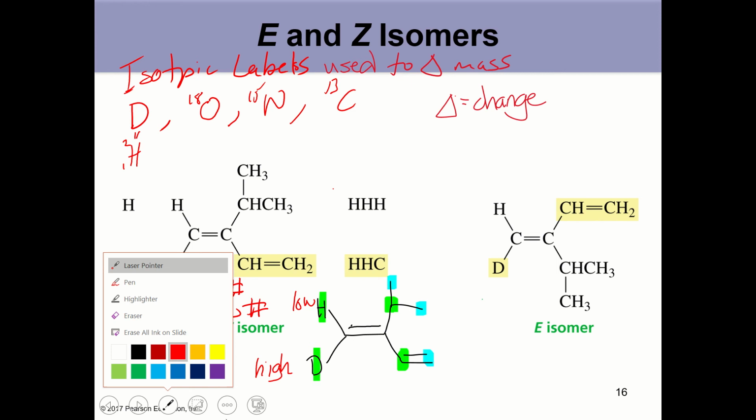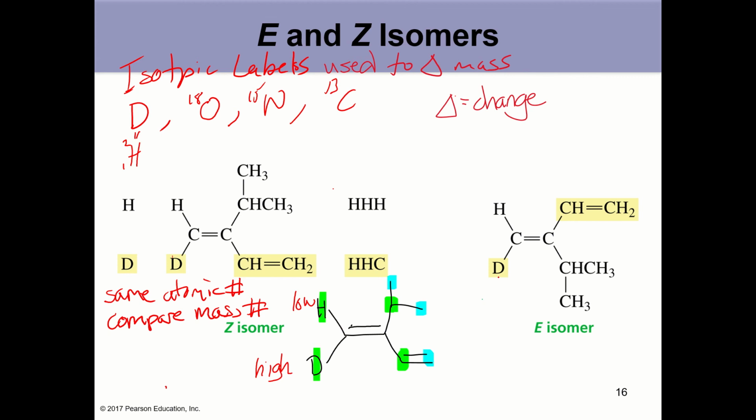So in this case, we are going to choose the higher priority group once we get to the green carbon, as this double bond is going to have a higher priority than these single bonds.